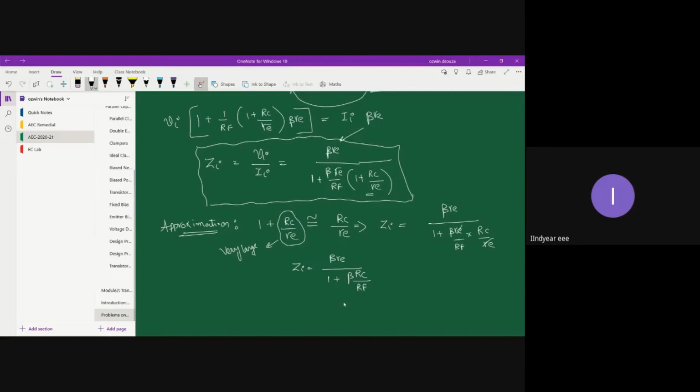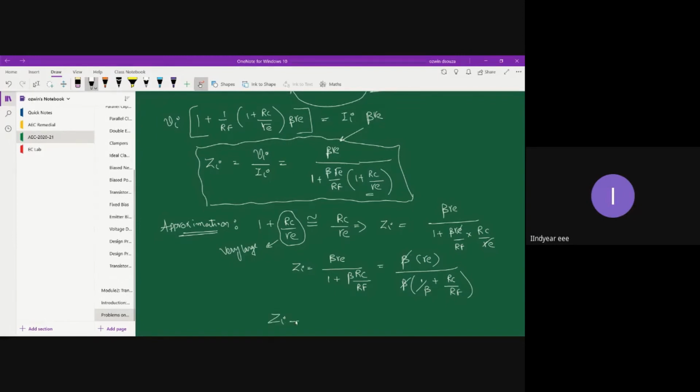If I take out beta as the common factor from the numerator and the denominator, in the denominator this becomes 1 by beta and this becomes Rc by Rf, so beta cancels.